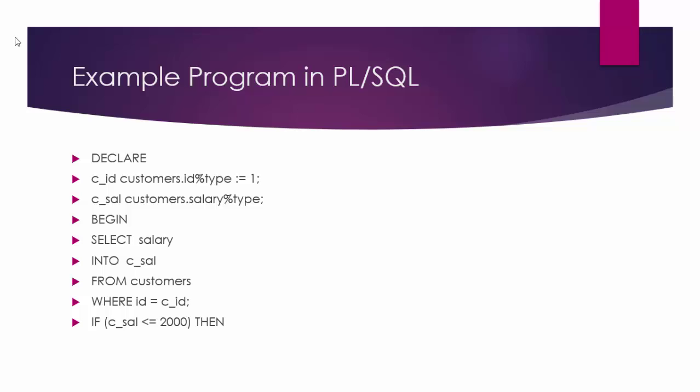So that's pretty good. After that begin statement, we write select salary into c_sal from customers where id equals c_id.